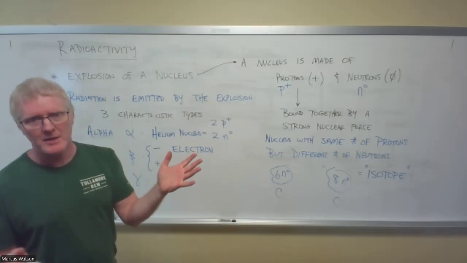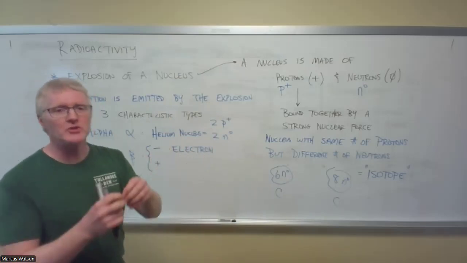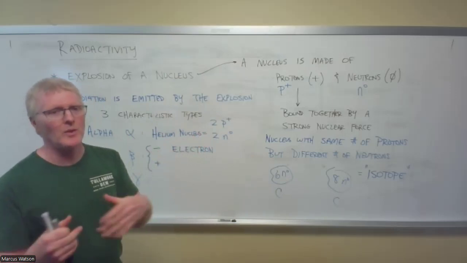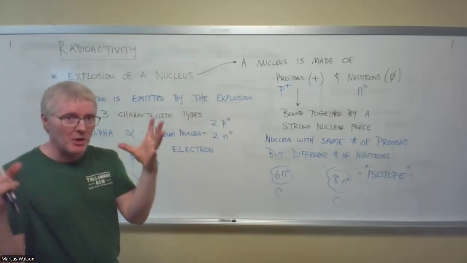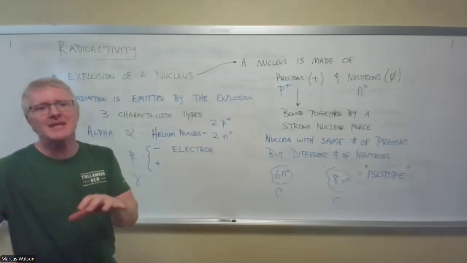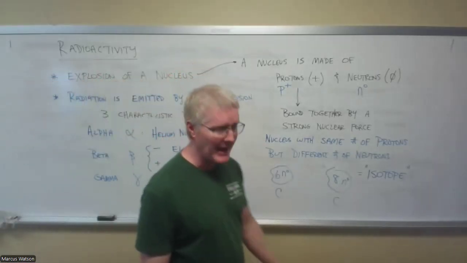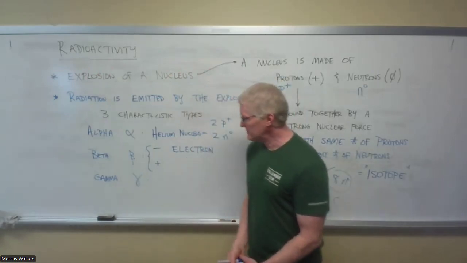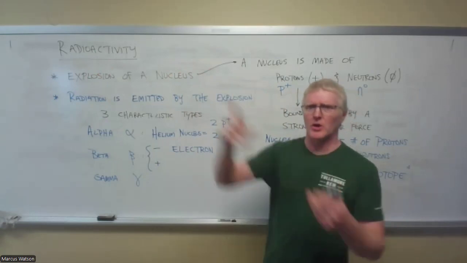Okay, you say, well, what business does an electron have getting ejected when a nucleus decays? Well, that's what I was talking about. It's not part of the actual stuff that exploded, but it is part of the ending radiation, the ending stuff that gets spewed out. How is it then? Well, you'd say, oh, maybe it's because it was in the vicinity and it got caught up in the explosion.